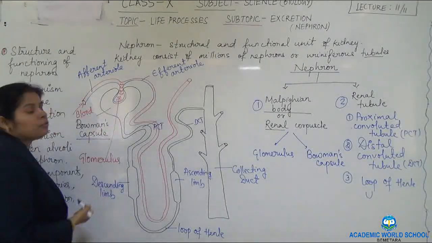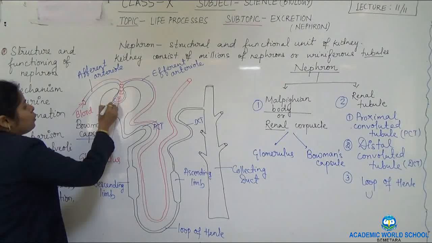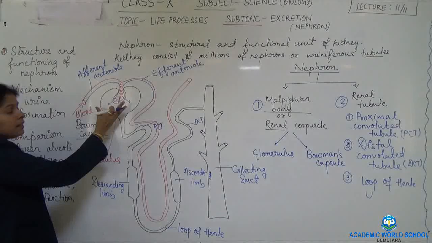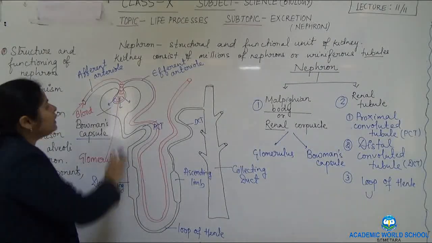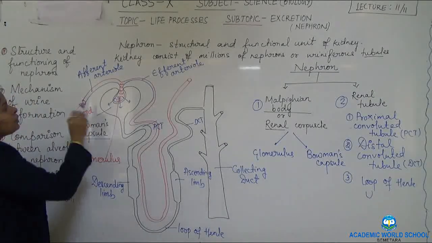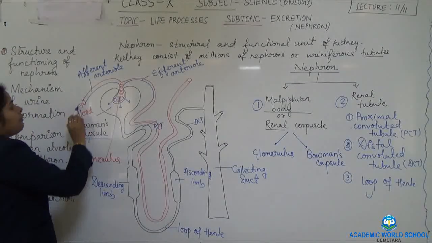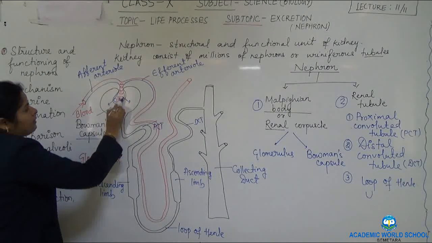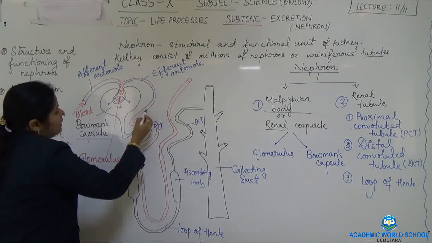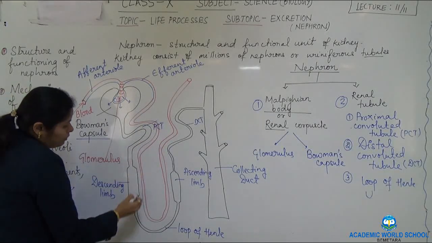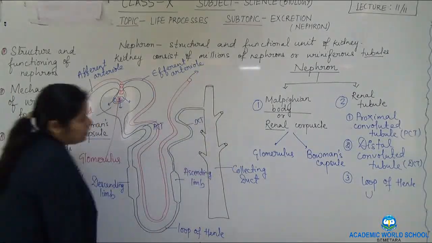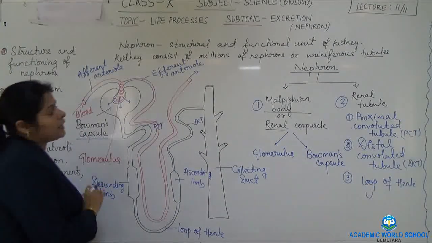This pressure will make the fluid ooze out from the capillary into the Bowman's capsule, which we call ultrafiltration, which we will read when we study the mechanism of urine formation. So to understand the structure: the afferent arteriole enters the concavity, forming a tuft of capillaries called the glomerulus, then comes out, is found in close proximity with the various tubules, and carries the blood out. This is the structure which we have seen.